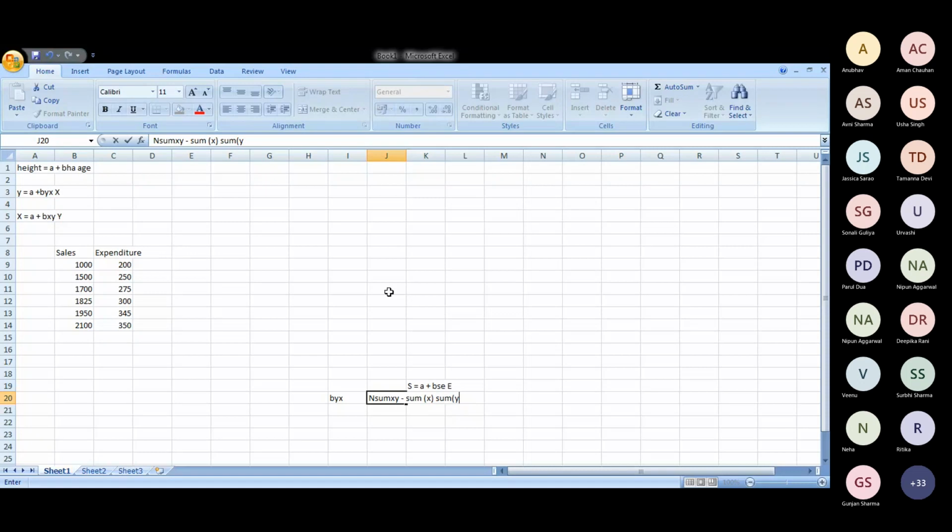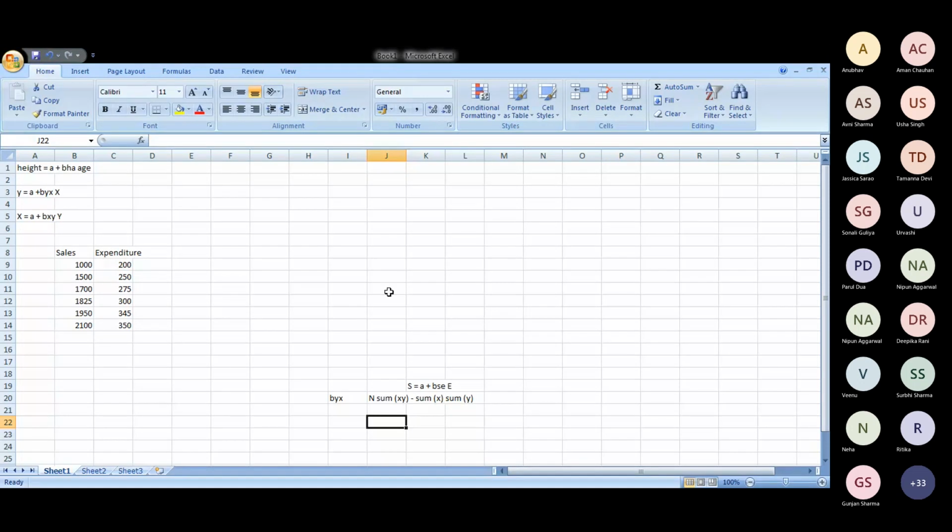There is no change in the numerator part.